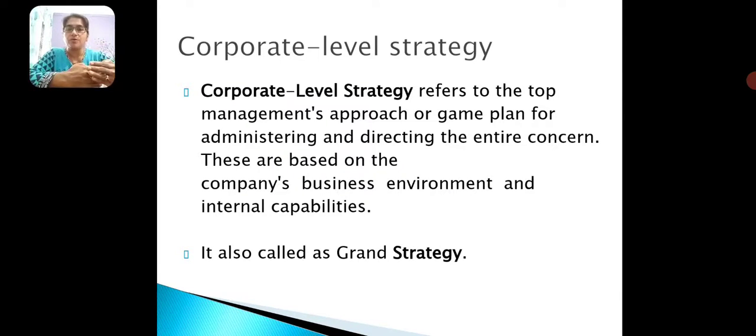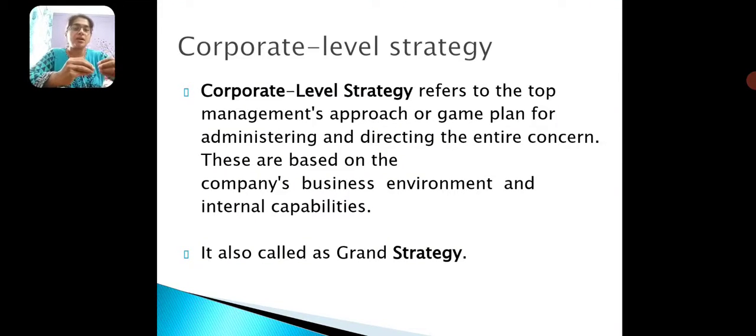Means the implication of this strategy spreads throughout the corporate. It includes all the businesses, all the functional areas in each business setup. So this is basically for the entire organization. That's why it is also called grand strategy, when it is formulated and applicable for the entire organization.